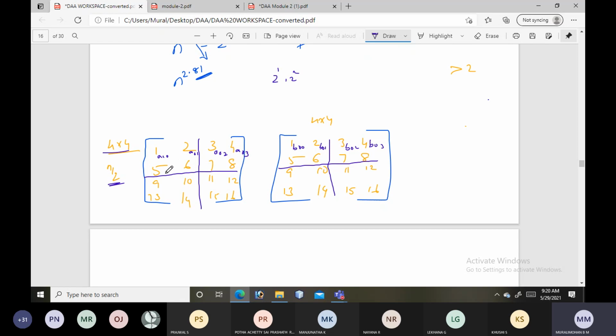Now just see here, when we divide this 4 cross 4 matrix, automatically we are getting 2 cross 2 matrices. Now we will consider each 2 cross 2 matrix as one single element, taking A00, or if you are starting with 1, A11, A12, A21 and A22. Is it clear?